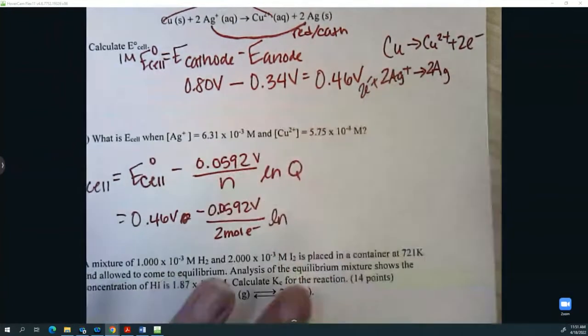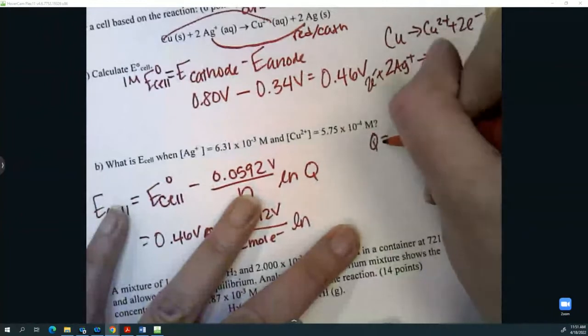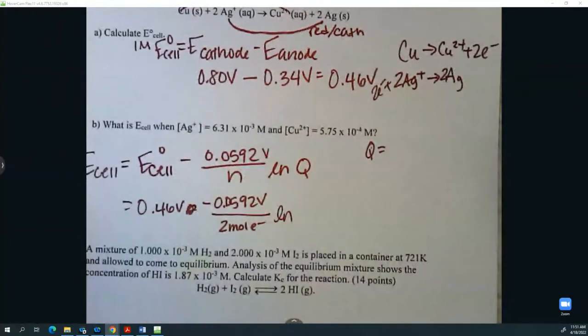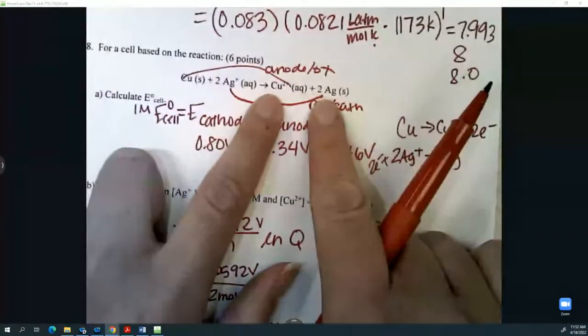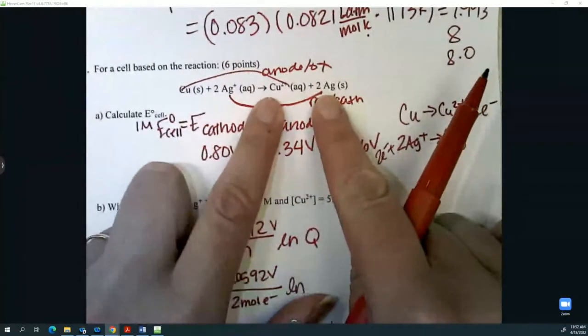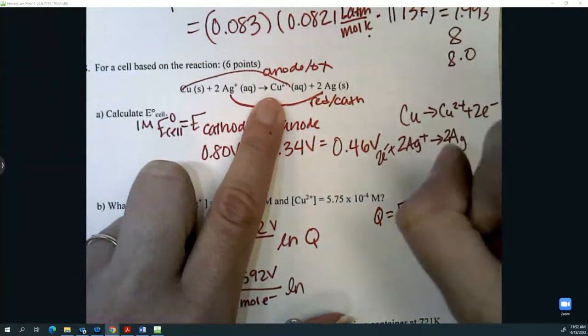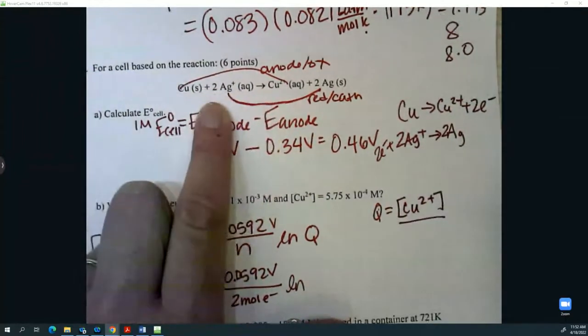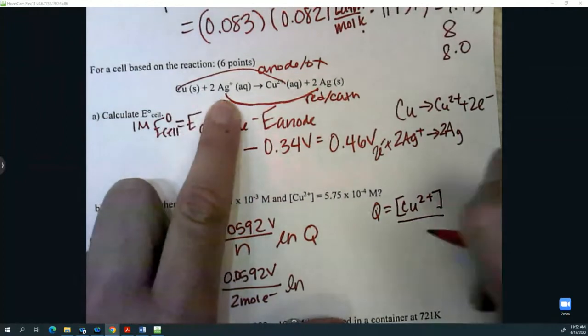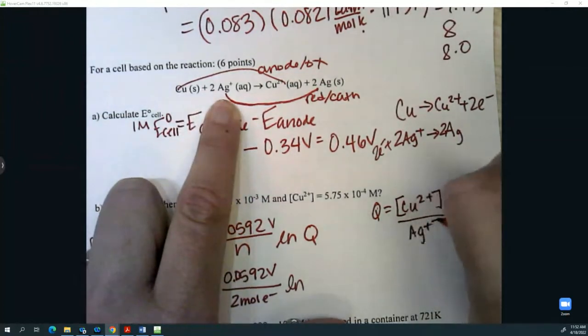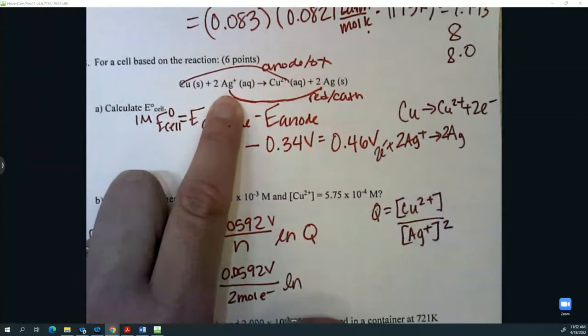And then the Q, what is Q? Q is back from chapter 16, equilibrium, where it's just like an equilibrium constant, but it doesn't have to be equilibrium concentrations. So back to my balanced equation, products on top, solids get left out. Reactants on the bottom, solids get left out. Stoichiometric coefficients become powers.